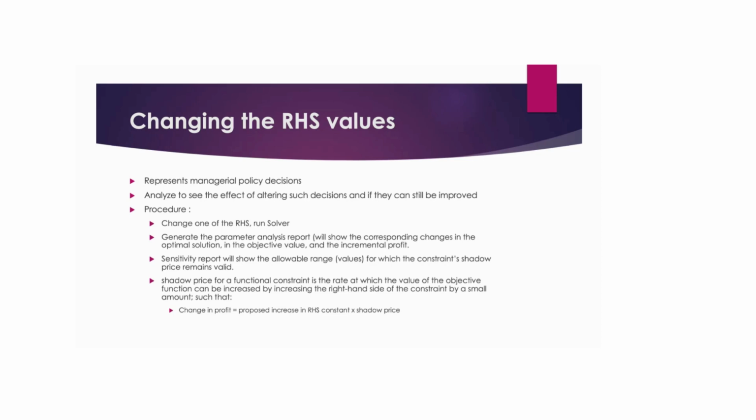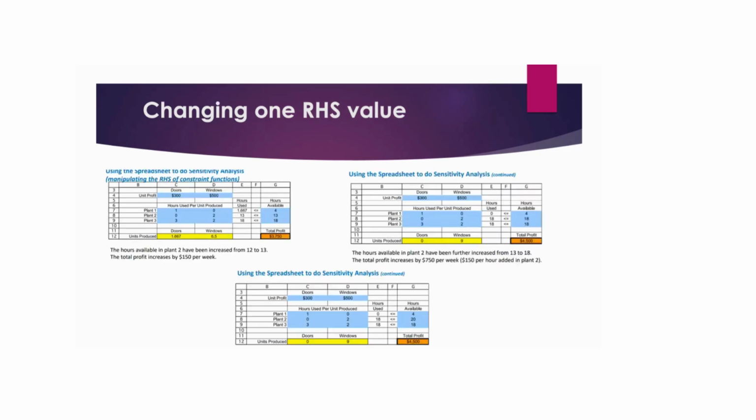Now the shadow price for a functional constraint is the rate at which the value of the objective function can be increased by increasing the right-hand side of the constraint even by a small amount, such that the change in profit is equal to the proposed increase in the right-hand side constant times the shadow price. More on this, no? This will be explained in detail.